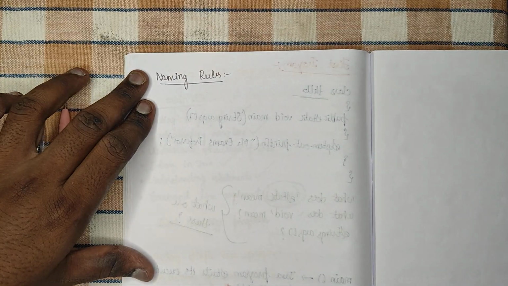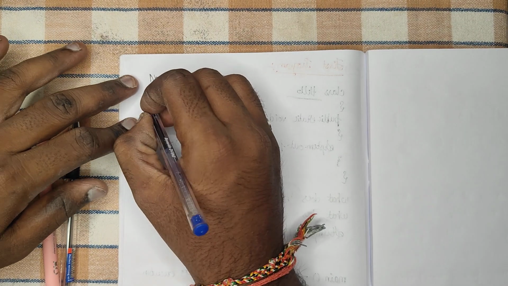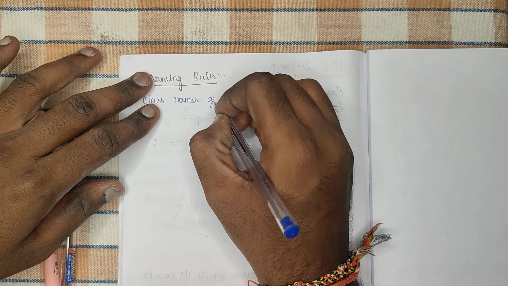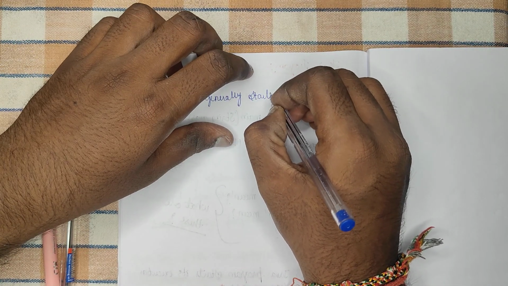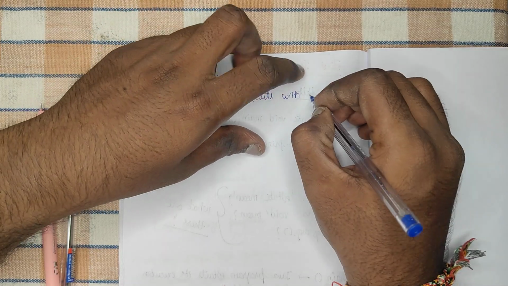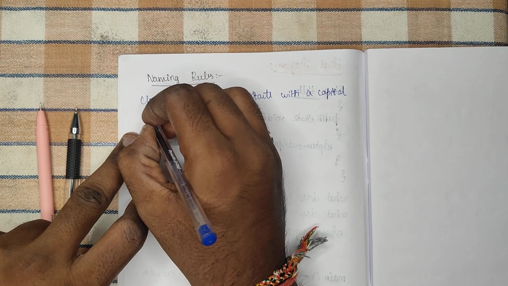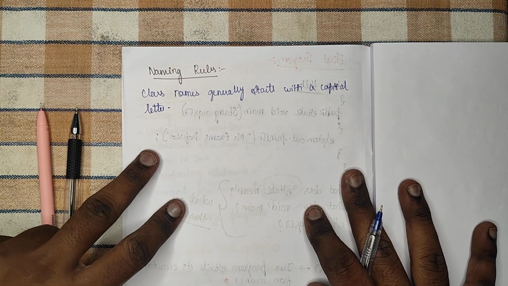Naming rules. Class names generally start with a capital letter. You can give any name, but you have to give it in capital letters.